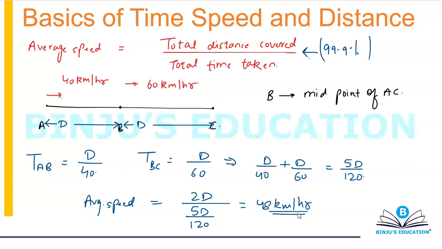So again the point is, please do not remember any relationship apart from the average speed is equal to total distance by total time taken. Find me one question in this chapter which can't be solved using total distance covered by total time taken. There will be none.